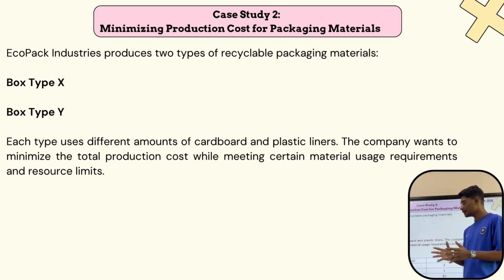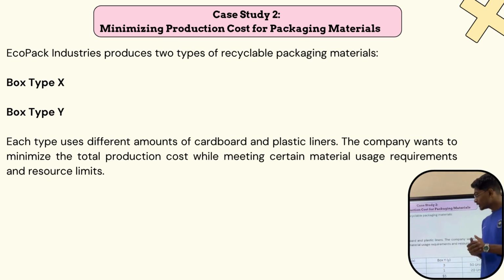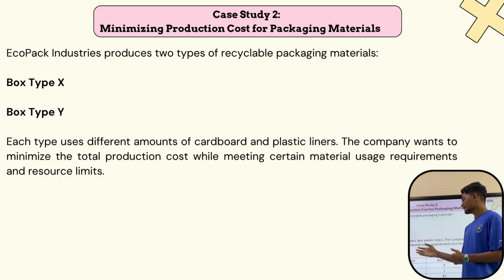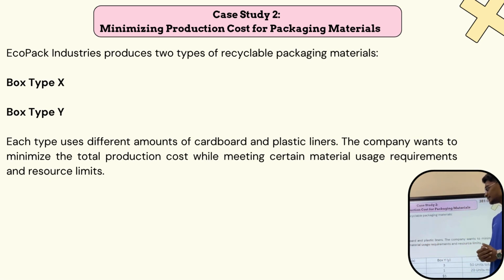The materials used in EcoPack are cardboard and plastic liners. For the cardboard units, it requires 2 for box X and 3 for box Y, and the limit combining both is 50 units of cardboard. The second one, plastic liners, requires 4 for box X and 1 for box Y, and the limit is 20 units minimum.